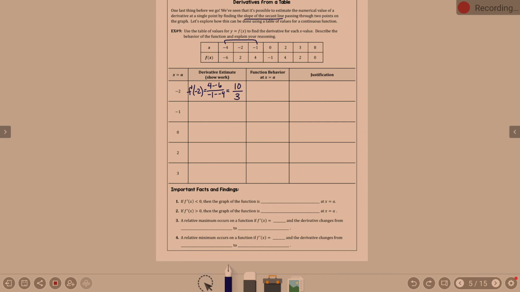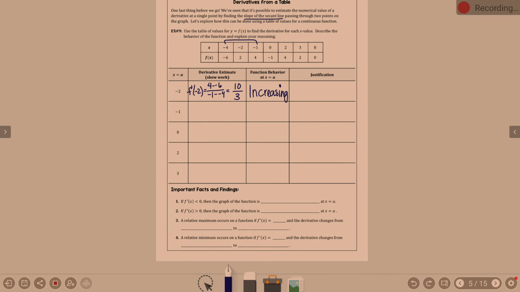Okay, based on that information, what is my function doing at this point? My derivative is positive, so my graph is increasing. Justification. Why is it increasing?